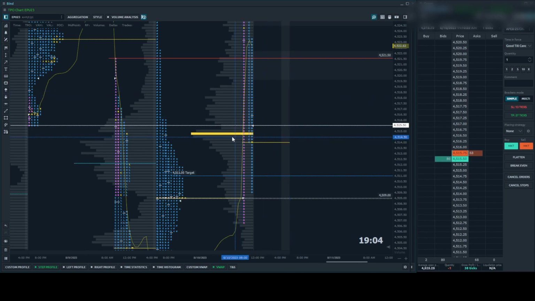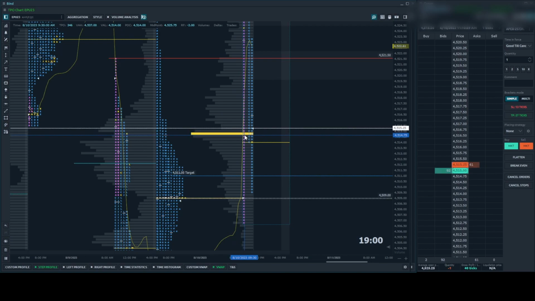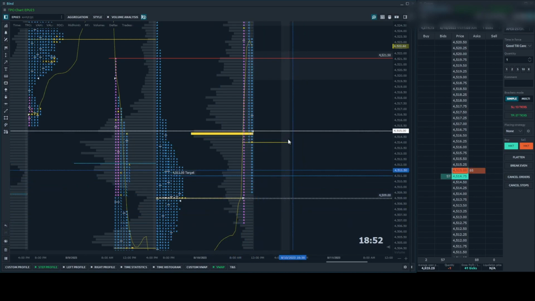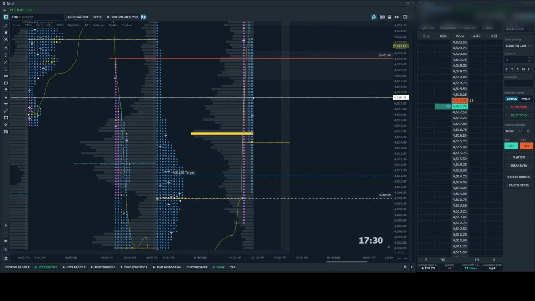I don't like being locked into this POC because it's going to hold us there. It's going to have a tendency to trade around this. So it is going to take some selling pressure to push us away from that. Move the stop up here.